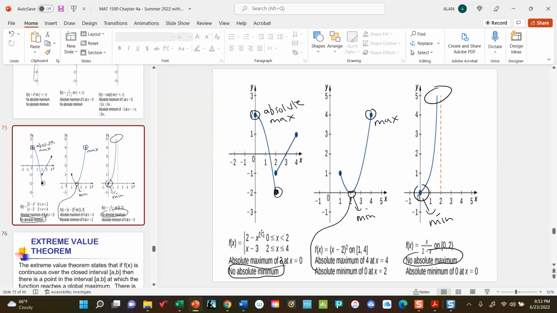This one is defined over a closed interval. It starts at 0, including 0, and it goes up to 4, including 4. Actually, this one on the far right, here's the thing you've got to pay attention to. Notice that this one is defined from 0 up to, but not including 2.